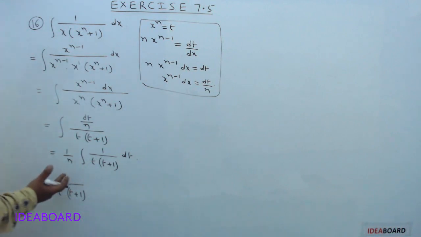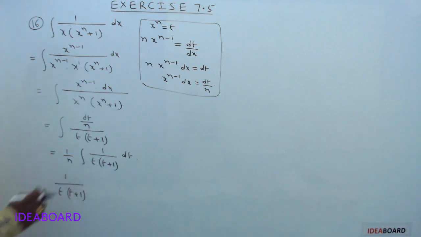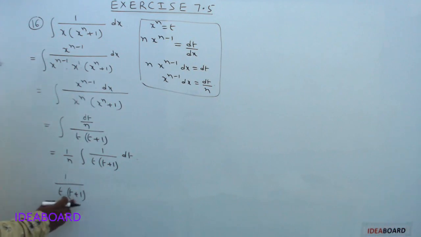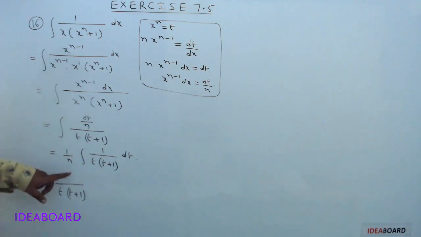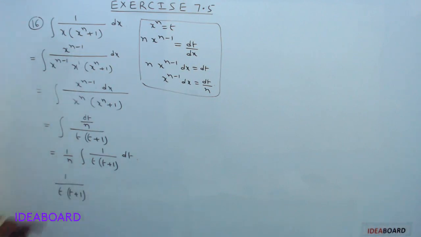So here, what is the degree of the numerator? 1 can be taken as t^0, so the degree of the numerator is 0. What is the degree of the denominator? 2. Clearly, the degree of the numerator is less than the degree of the denominator. It is a proper fraction.